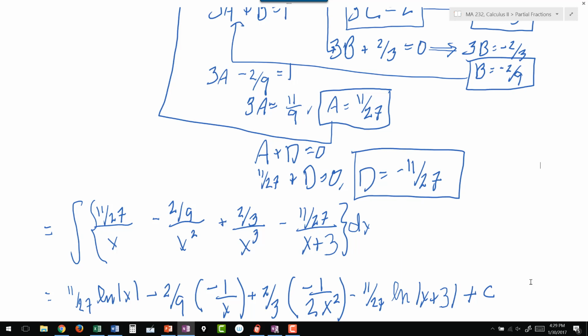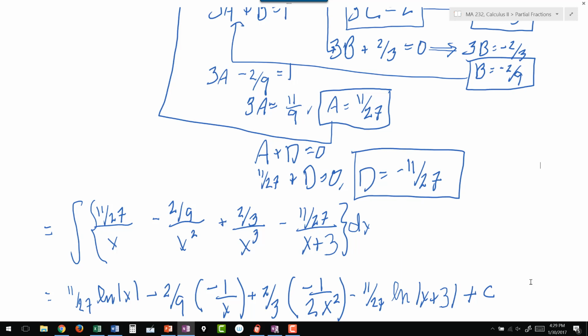And then using the power rule, the integral of 1 over x squared would be minus 1 over x. So I have negative 2/9 times minus 1 over x. Again, by the power rule, the integral of 1 over x cubed would be minus a half x squared. So I get 2/3 times minus 1 over 2x squared.